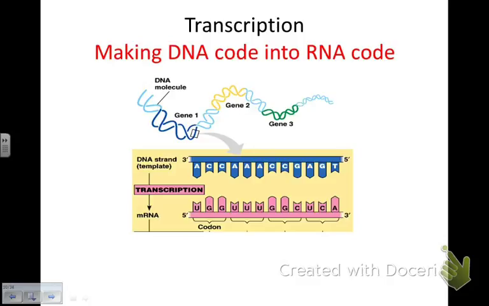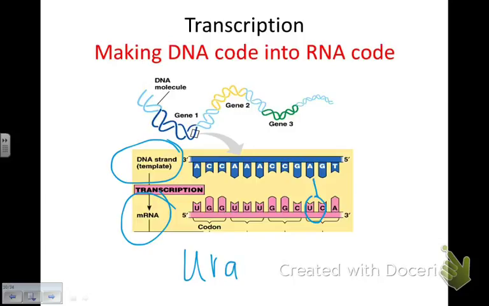You can see right here, it's going to make the DNA template, makes the mRNA. Just as a reminder, notice that the RNA has U's pairing with A instead of T. So RNA has uracil, not thymine. Okay, so you want to know that.